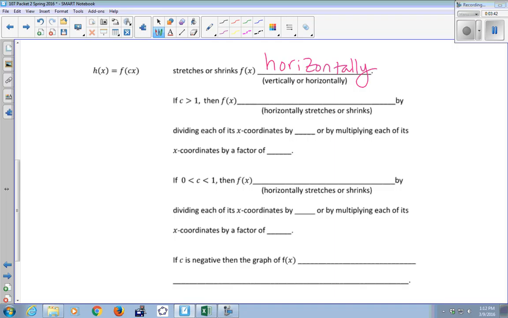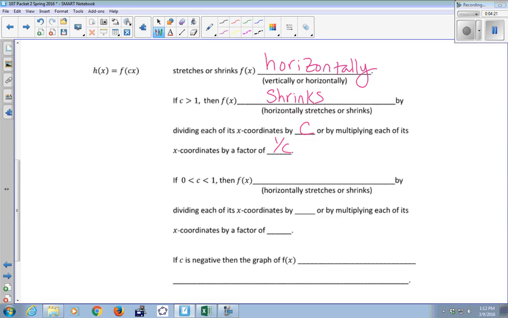If c is bigger than 1, you're multiplying x by a big number. You would think that things would get bigger, but in fact they get smaller. So when c is bigger than 1, f of x shrinks horizontally. You shrink it by dividing each x coordinate by c, or you can think of it as multiplying each x coordinate by 1 over c. Same thing.